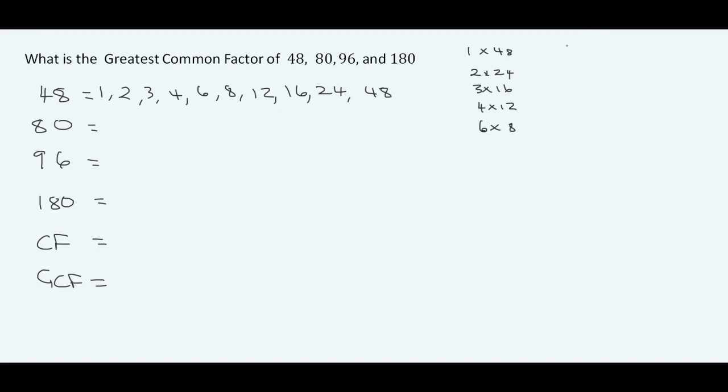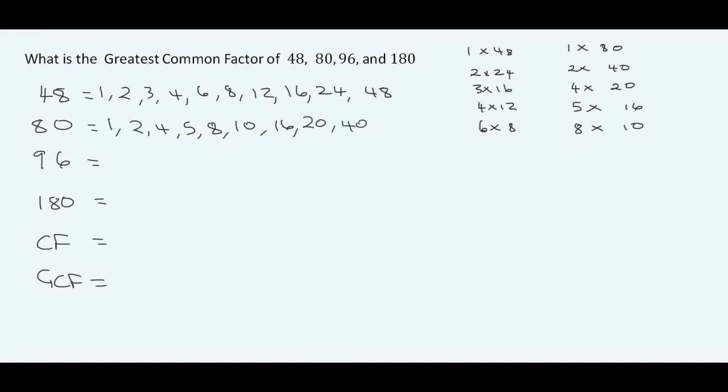Let's go to 80. 1 multiplied by 80, 2 multiplied by 40, 4 multiplied by 20, 5 multiplied by 16, 8 multiplied by 10. So we have 1, 2, 4, 5, 8, 10, 16, 20, 40, 80.